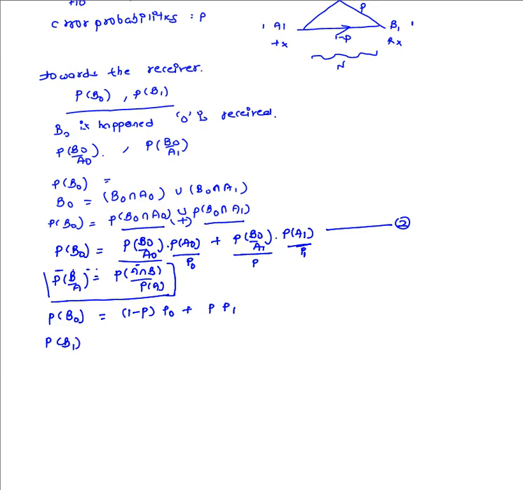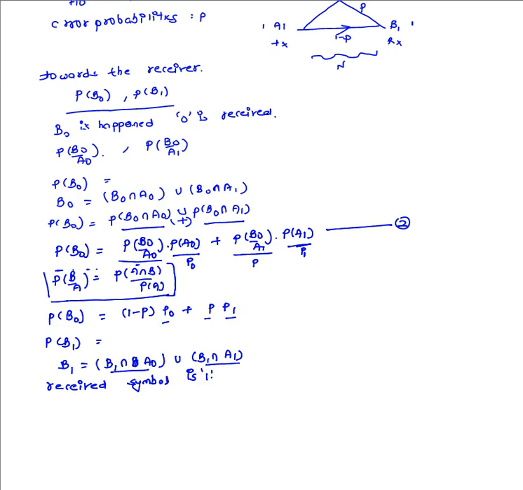Similarly, P of b1 can be written using these terms p, P1 and P naught. Let us see how. b1 can be written as b1 intersection a naught union b1 intersection a1, because b1 is the event that has happened, b1 indicating that the received symbol is 1, and 1 can be received when 0 is transmitted, and 1 can be received when 1 is transmitted. 1 can be received only in these two cases.